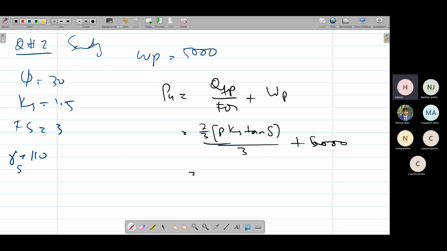So here, what is the P? The average overburden pressure. Here we do not need to use the critical depth concept. We can simply find the average overburden pressure at the bottom. If the zero was at the top, at the bottom it would be gamma times the length of the pile, which is 30 feet.